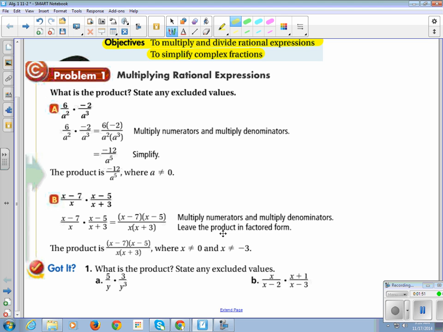We can leave the product in factored form. We don't have to multiply everything through. So writing it just as x minus 7 times x minus 5 over x times x plus 3. And then we have to exclude our denominator equal to 0. So x cannot equal 0 and x cannot equal negative 3.